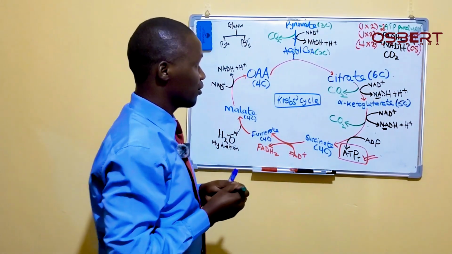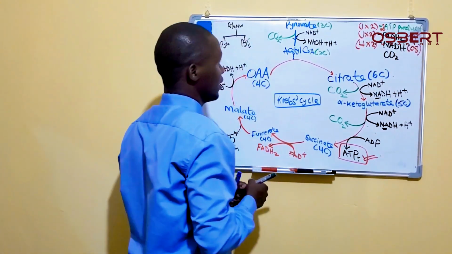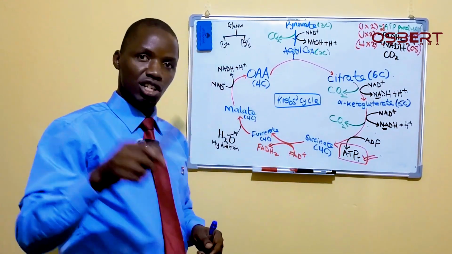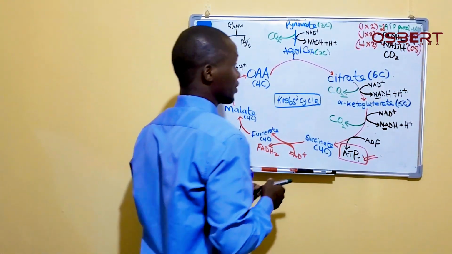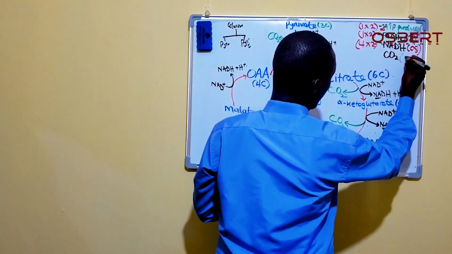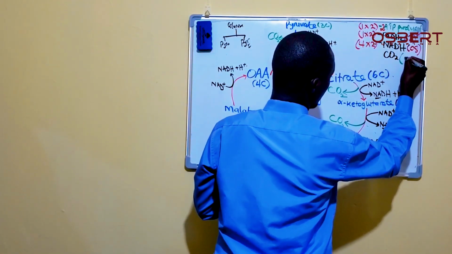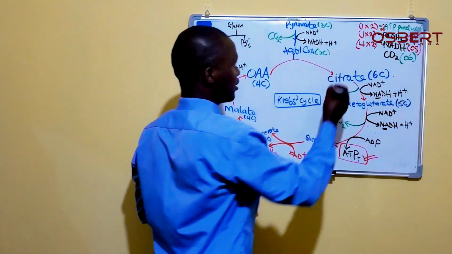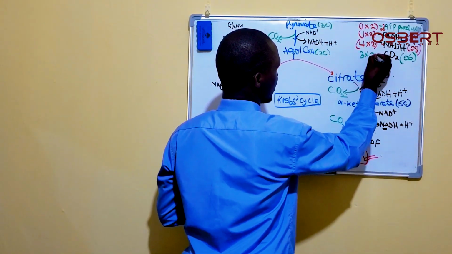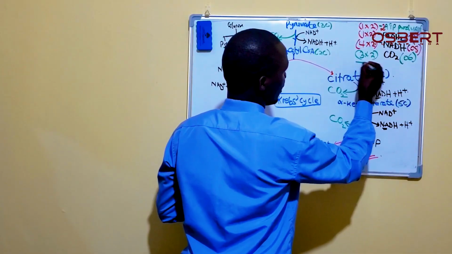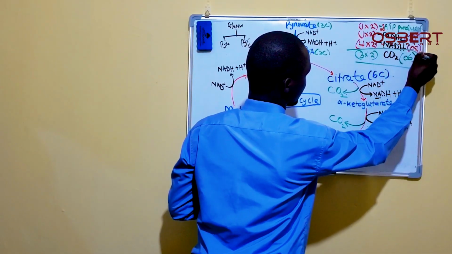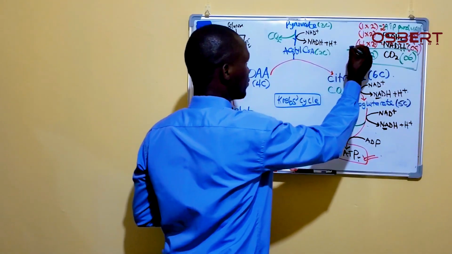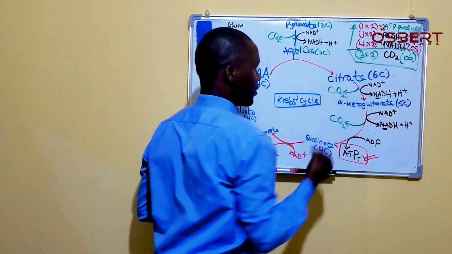So for carbon, it is 1, 2, 3 times 2, which gives us 6. So for carbon dioxide, we have 6 molecules. However, we may not be much interested in this one. We are going to be much more interested in these 3.